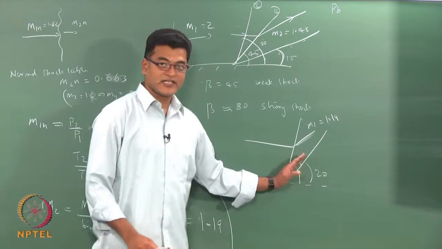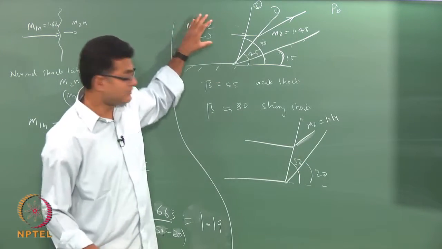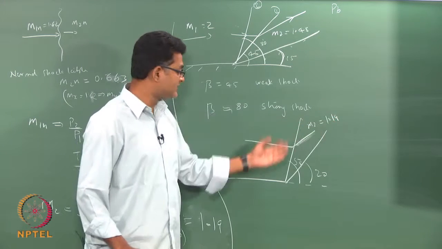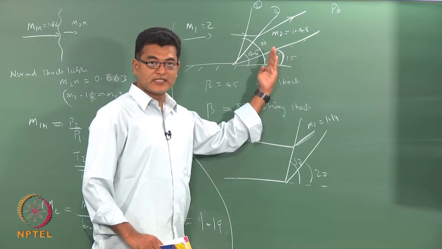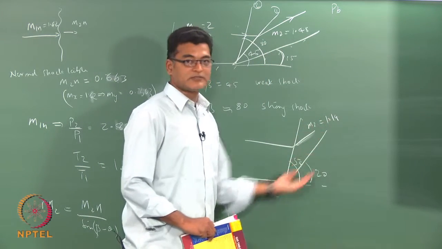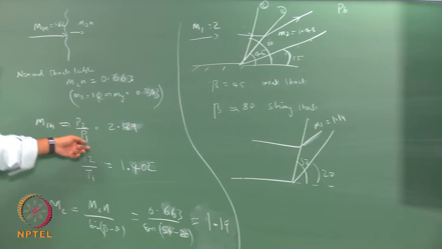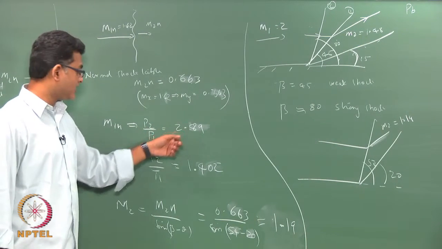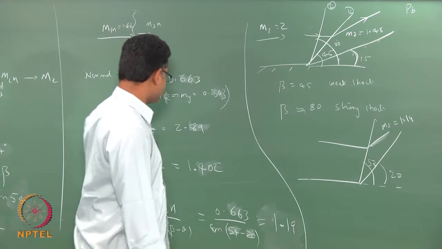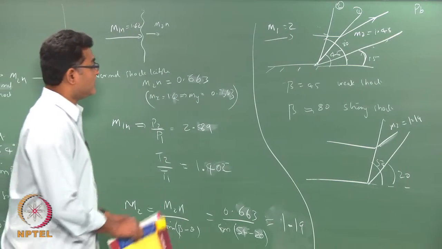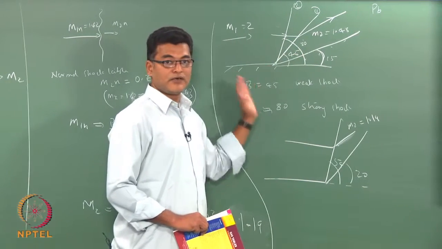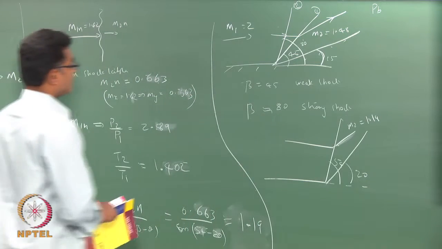So, when I increase my deflection angle for the same Mach number, the Mach number after the deflection is going to be less, okay, which means that if I increase my theta, I am going to get stronger and stronger shock, so that I am going to get a Mach number which is smaller and smaller. And the same way if you look at your pressure ratio, you would realize that this is more than what is previously obtained. Okay. So, if you increase your deflection angle, you are going to get a stronger and stronger shock. So, that is one message from this particular set of problem we do.